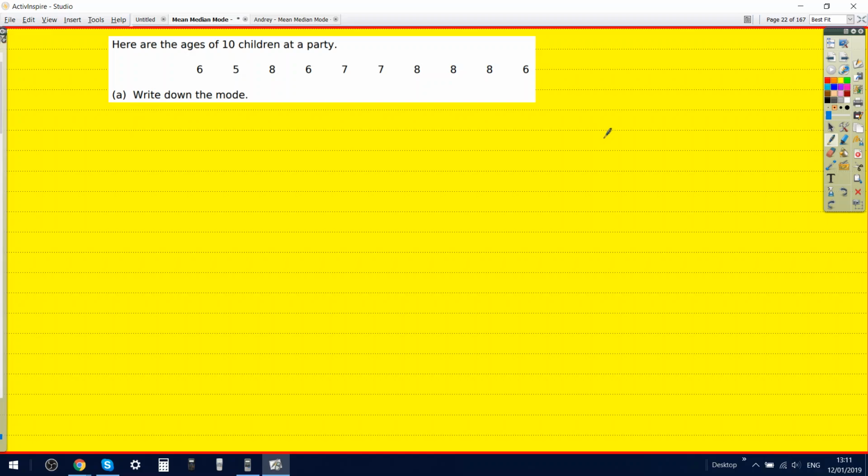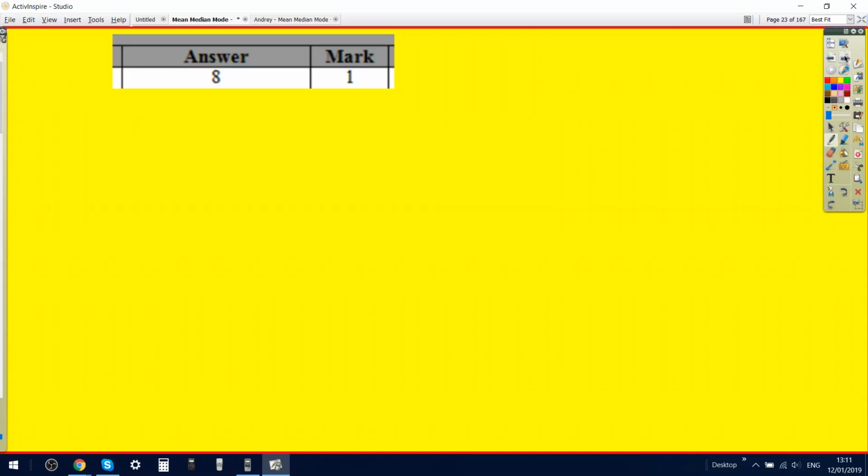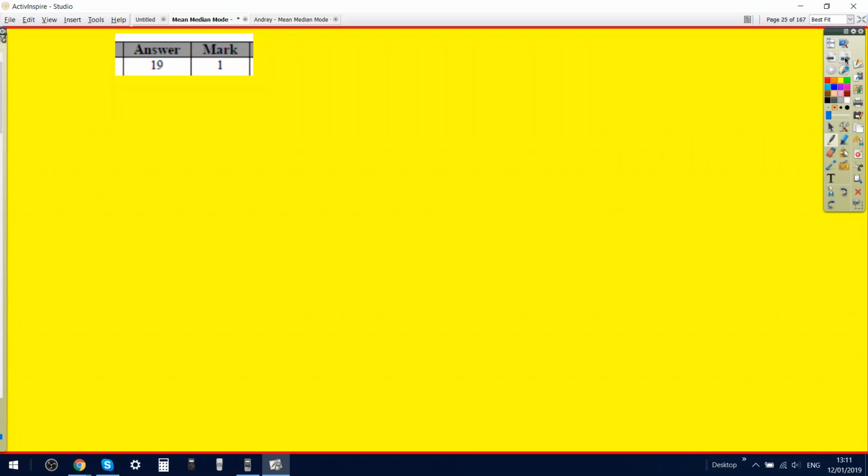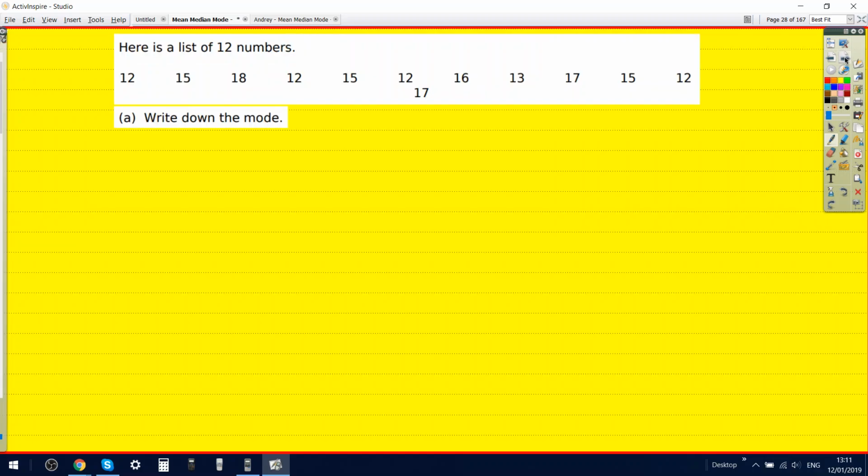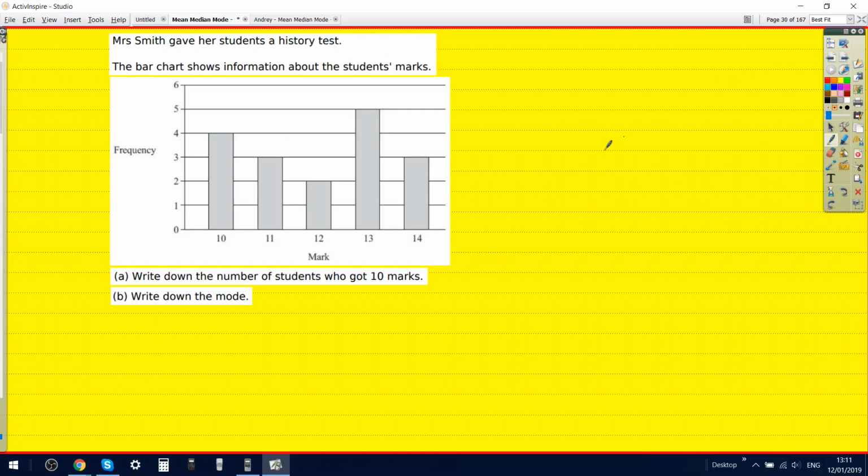Okay, write down the mode. 8. So that's fine. Okay, how about this one, part A? Mr. Smith gave her students a history test. The bar chart shows information about the students' marks.